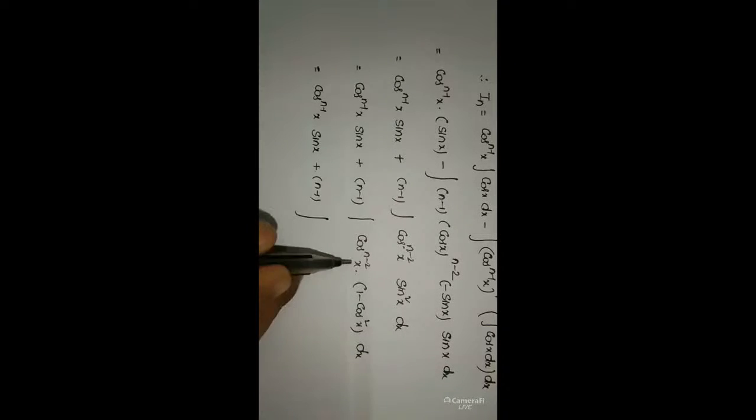And this is equal to cos power n minus 1 x into sin x plus n minus 1 into integral. Just we take the product here, cos power n minus 2 into 1, that is cos power n minus 2 x, minus cos power n minus 2 into cos square, meaning cos power n x into dx.